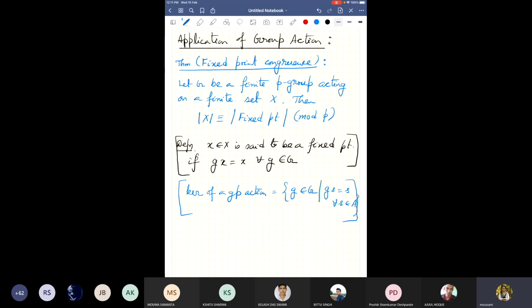Now let us see a proof of this fixed point theorem. So what do we know? We have a group action, and this is something related to the cardinality of the set. If you have a group action, you know that the set is the disjoint union of the orbits of the group action, correct?